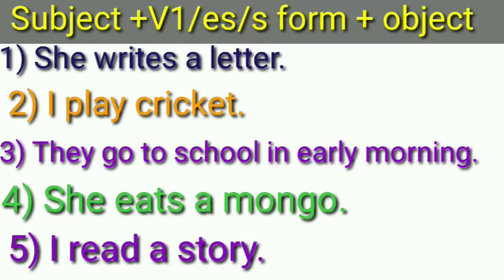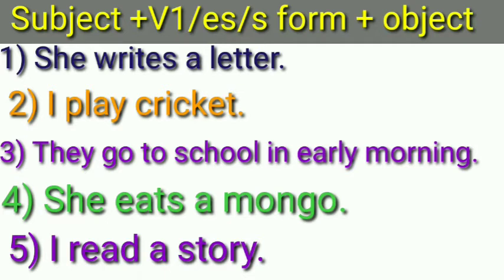Second sentence, I play cricket. Here students, I is subject, play is V1, that is verb, cricket, that is object. Move to the next sentence. They go to school in early morning. Students, in this sentence there is no object. They is subject here, go, that is verb. Next sentence, she eats a mango.